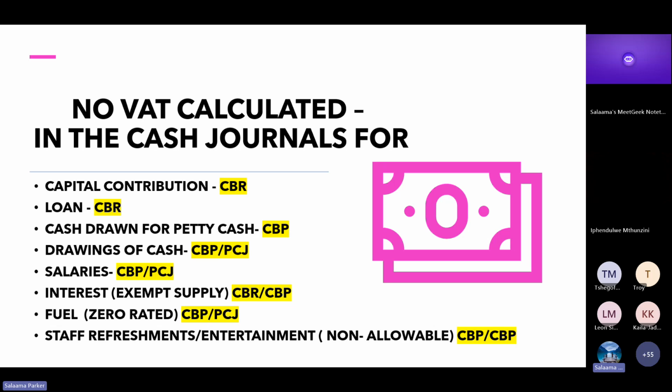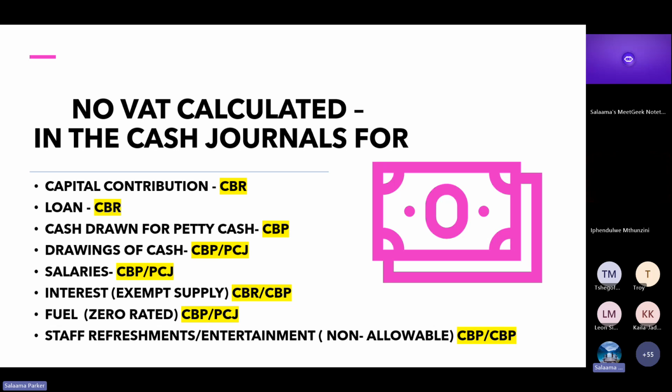No VAT for drawings of cash either out of cash book payments or petty cash. We do not calculate VAT on salaries. We know that any interest is exempt, so we won't calculate VAT. Fuel or petrol or diesel, zero rated, so we won't calculate.